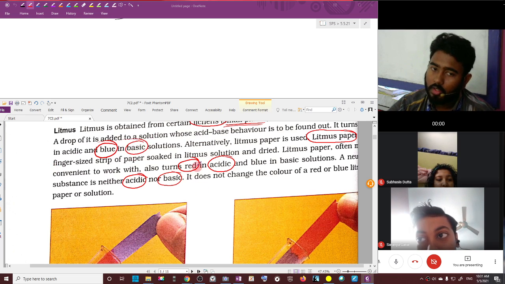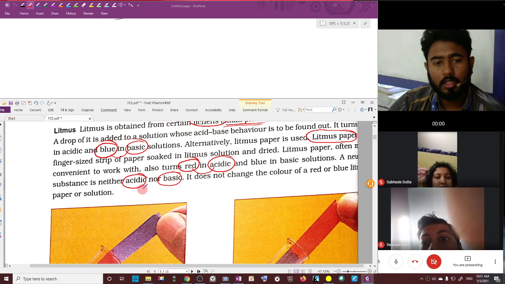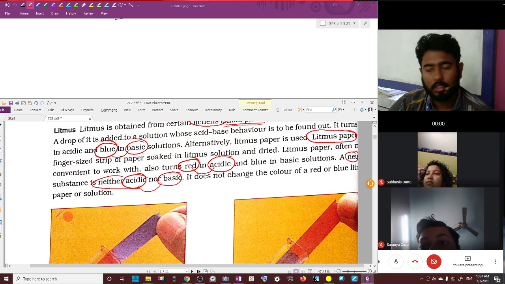So we need to remember: blue in basic, red in acidic, neutral in neither acidic nor basic. Is that clear?